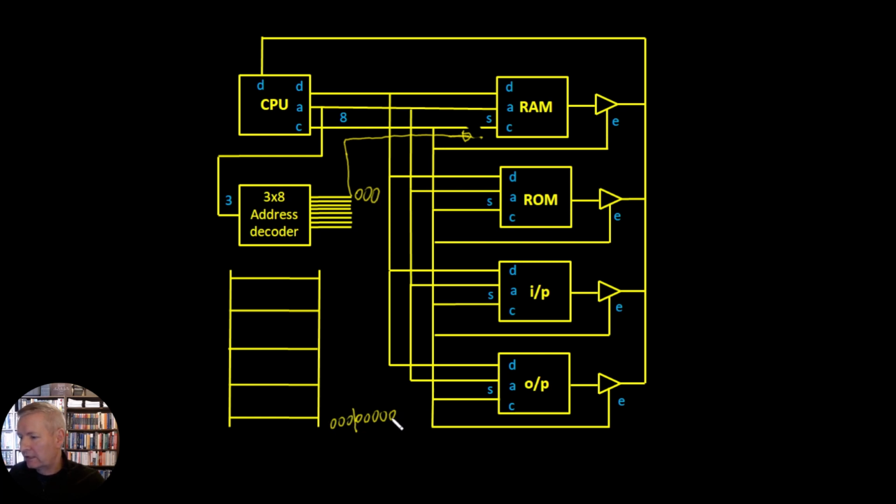So it's going to be addressable from the bottom of our 256 bytes of addressable space all the way up till, well, it's still going to be 0, 0, 0, all the way up to the value of 1, 1, 1, 1, 1. So that's our 32 bytes, and that's going to be the RAM.